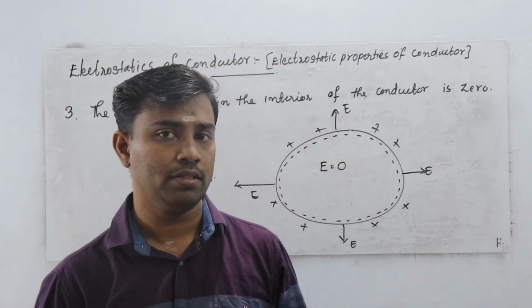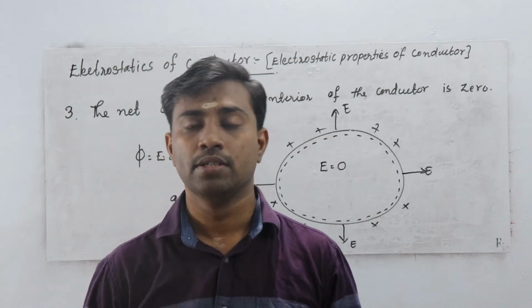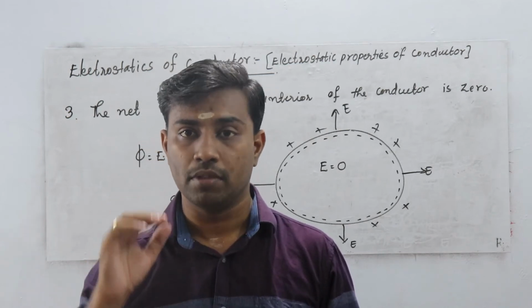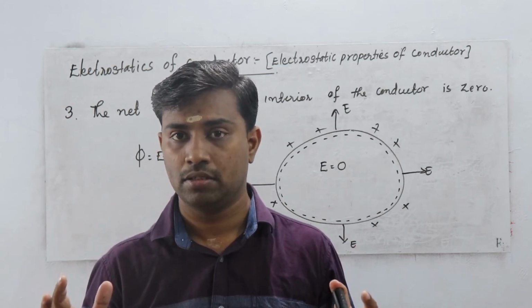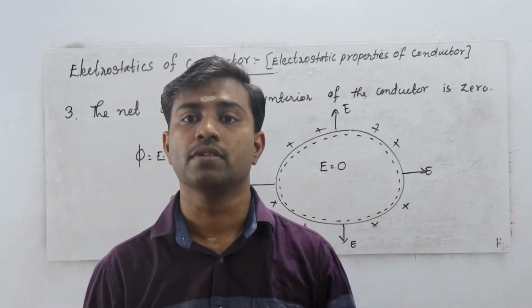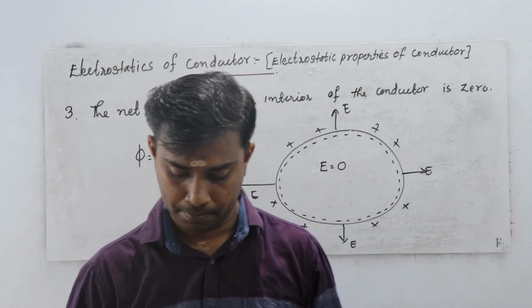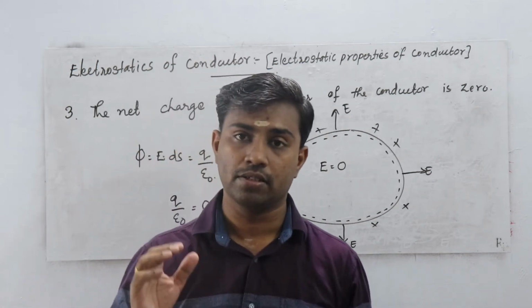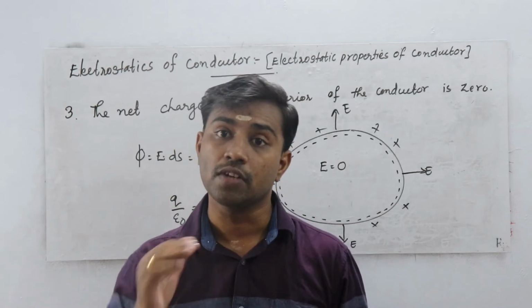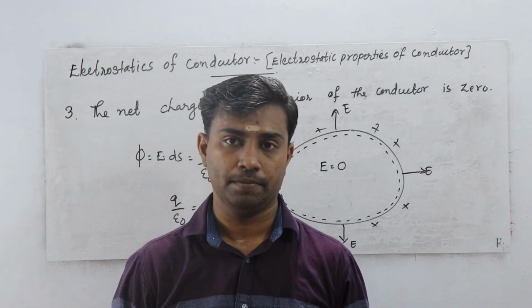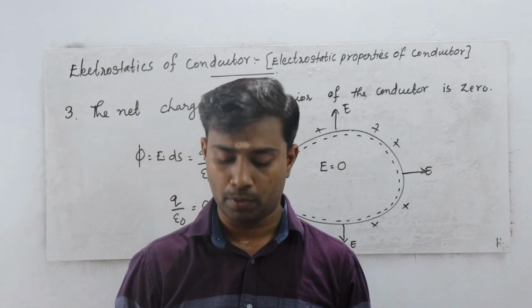Epsilon 0 is a constant value, so which will be 0? Charge will be 0. From this we conclude that all the excess charge resides on the surface of a conductor. That is the third property.